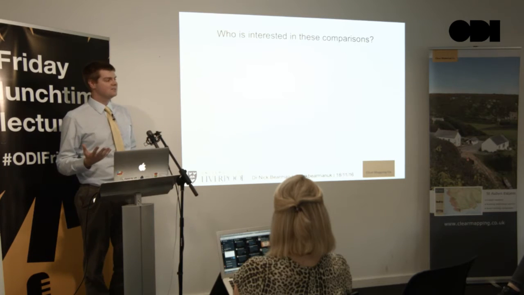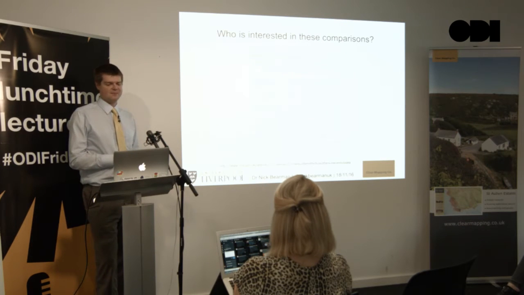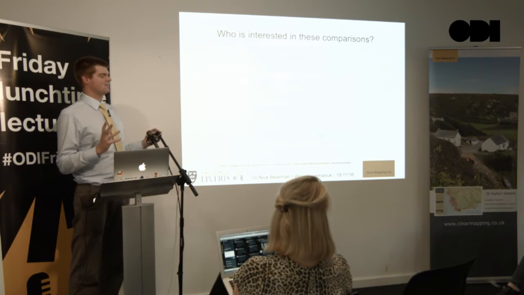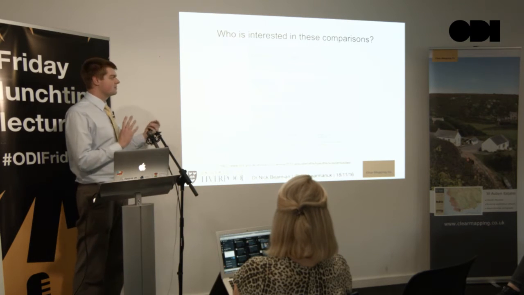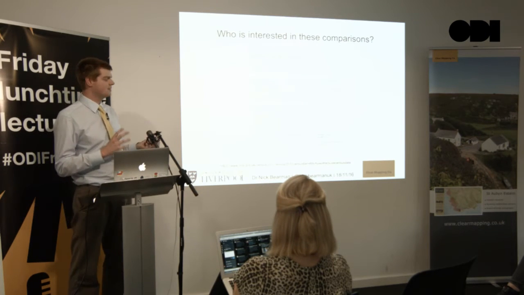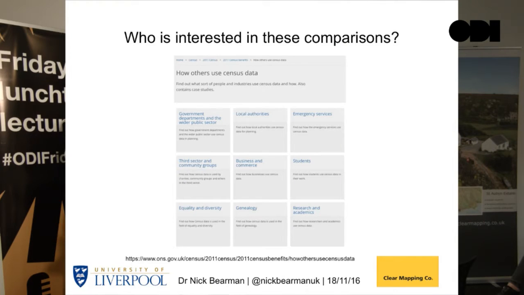And there are a whole range of people who might be interested in these comparisons. So this is the kind of example from the census website to give you a bit of an idea. Government departments, great users of the census, local authorities, community groups, research and academics as well. So there's a whole range of users, some of whom will be interested in change over time and some who won't necessarily.